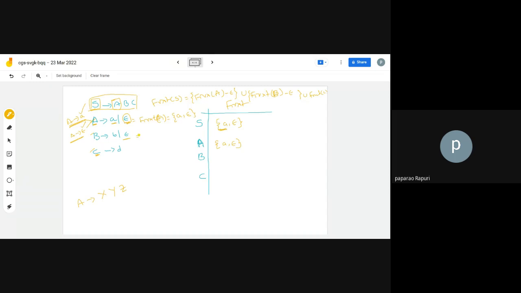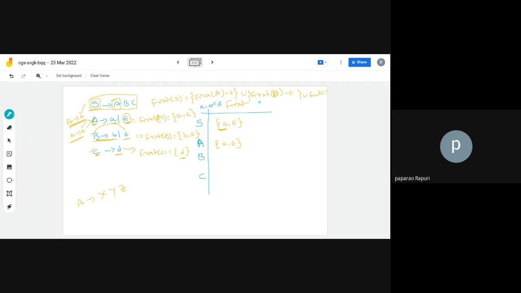So coming to the first set of B, here also B is deriving small b and B is deriving epsilon. So from this production, B is deriving small b, and B is deriving epsilon. And coming to here, first of C is equal to only a terminal, small d. So we are adding that. So from this, a comma epsilon minus epsilon, epsilon cancels.